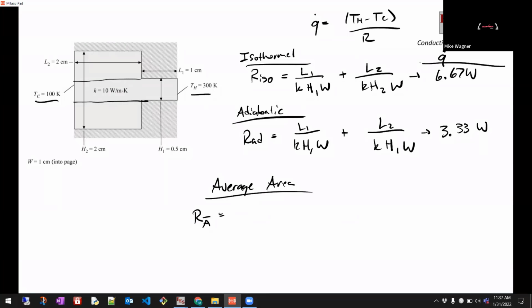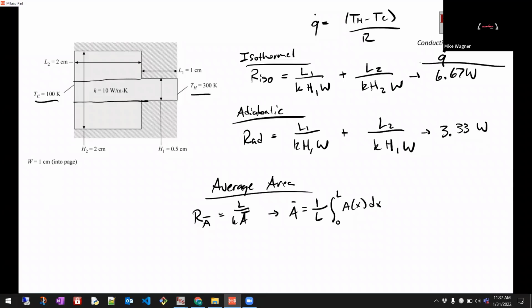So for a plane wall, R is the length over K times A bar. Same idea for resistance, but A bar is computed as 1 over the total length times the integral from 0 to L of A as a function of X dx.